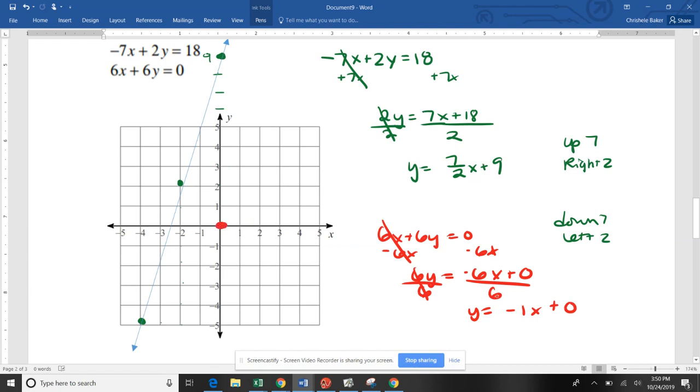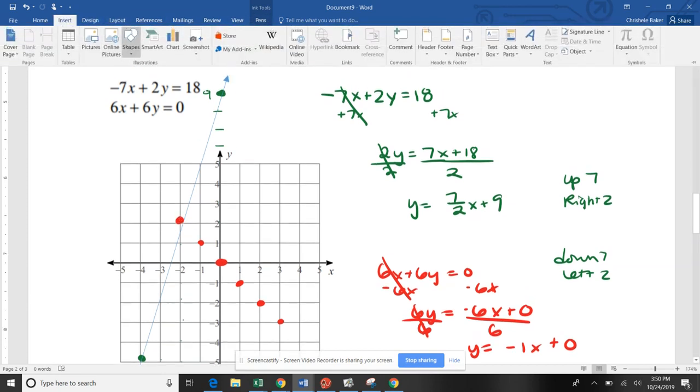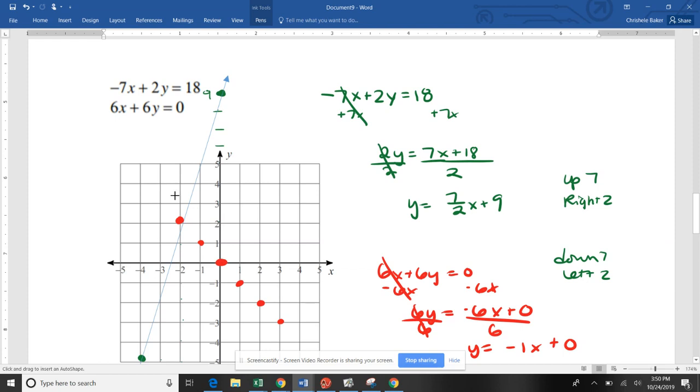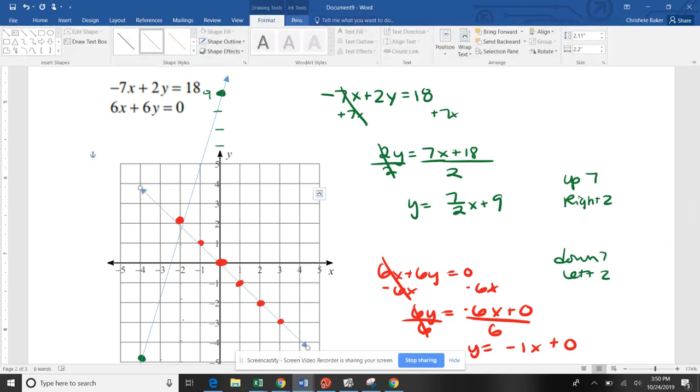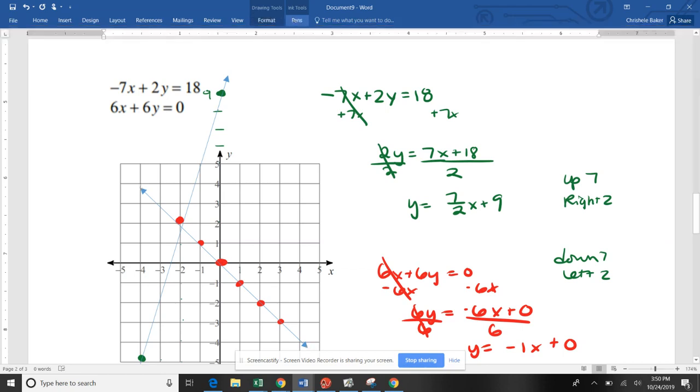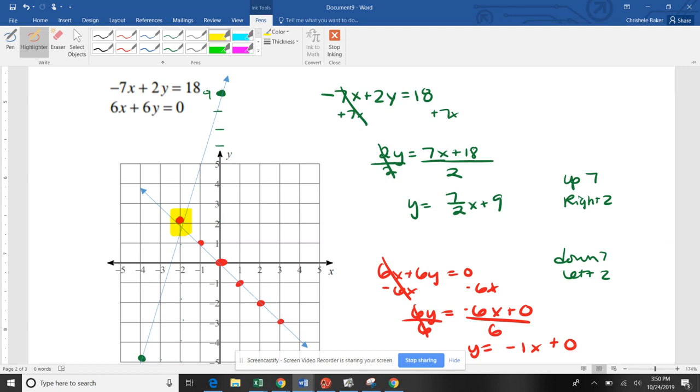And my slope is -1/1. Down 1 to the left 1, down 1 to the left 1. Also, up 1, right 1. And now I've found my intersection point. So my intersection point is right here, and it's -2, +2.